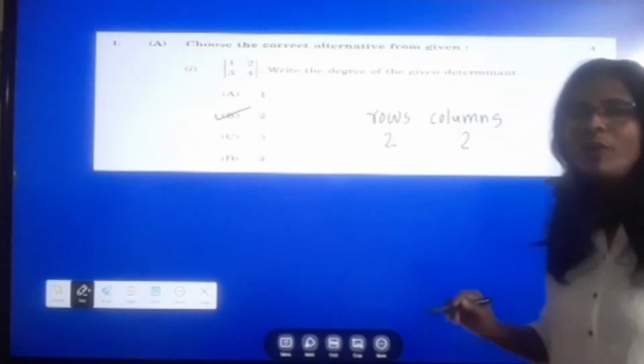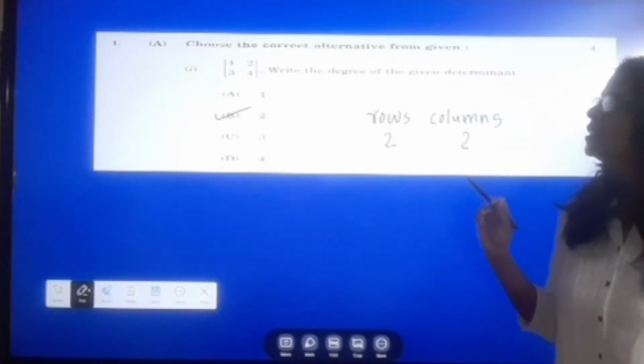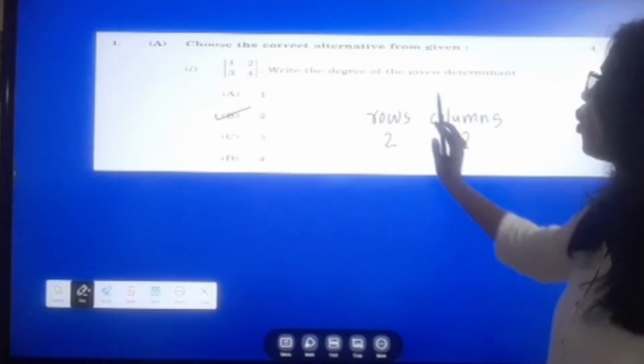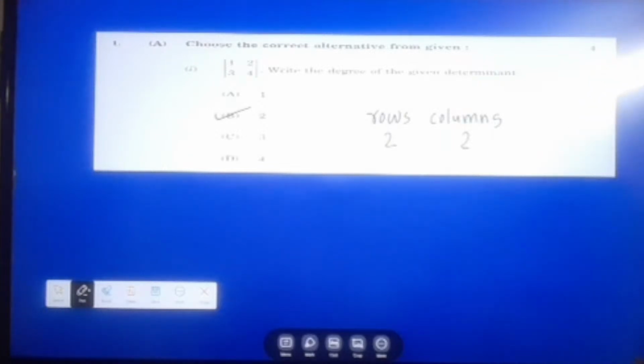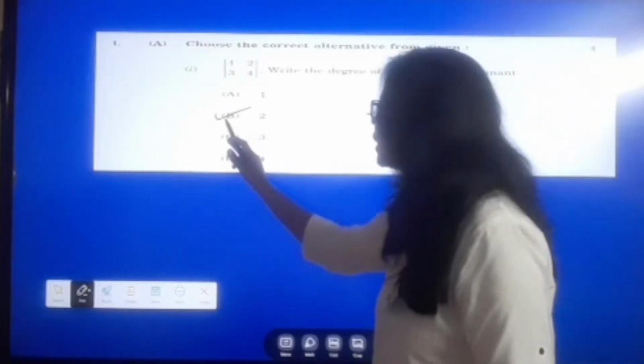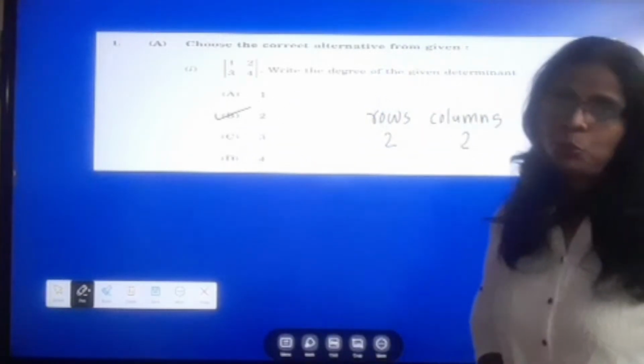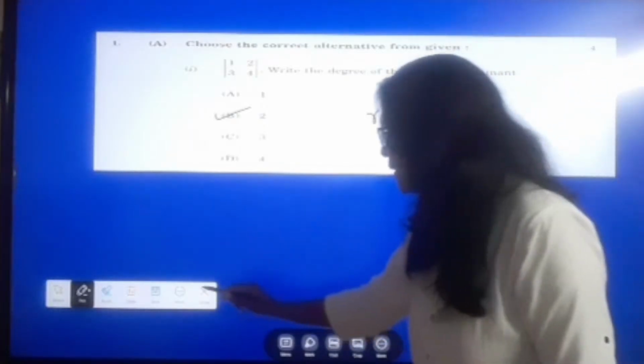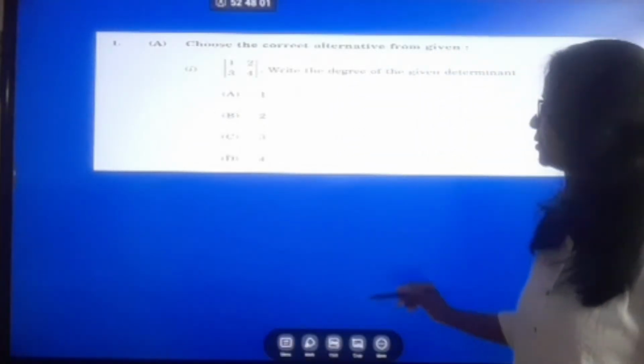That's why we can say the degree is 2. So the correct option is B, 2.